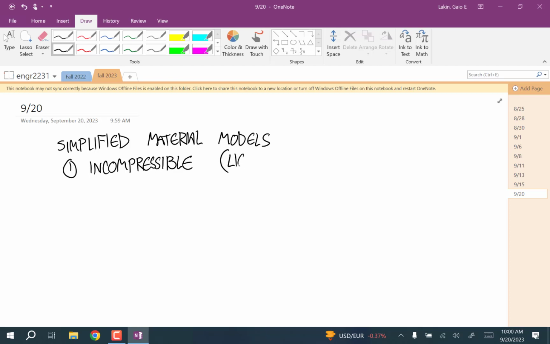We're really only going to use that for liquids, although there probably are applications where you could use it for a solid. The meaning of incompressible is that the specific volume is constant, and everything else is derived from that.